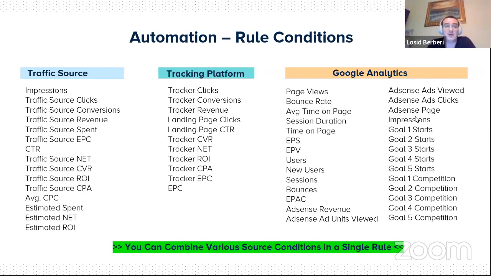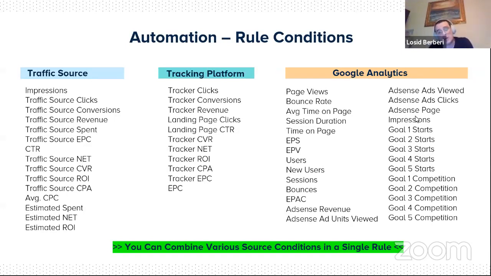We can pull the click-through rate of the ads on the widget, ad, as well as campaign level, as well as calculate the net profit, the conversion rate, ROI, cost per acquisition, average CPC, and other metrics like this. And for traffic sources like Taboola and Outbrain, we do have the estimation of the spend, net profit, and ROI.